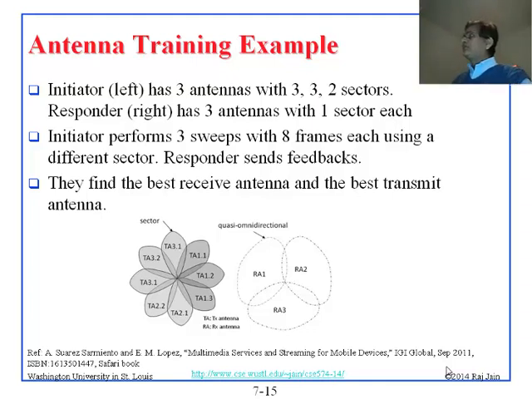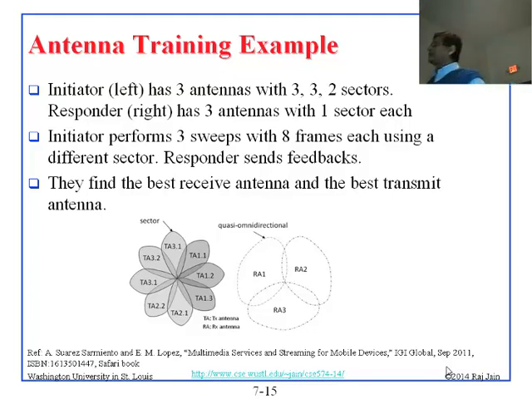So now here, what you will do is you will send 24 frames, 8 sectors, and there are 3, 8 times 3 is 24. You will send out 24 frames. It will hear into these 3 antennas and somehow then figure out what is the best antenna for itself and what is the best antenna for this. And then they will do the second level if that is possible, right?